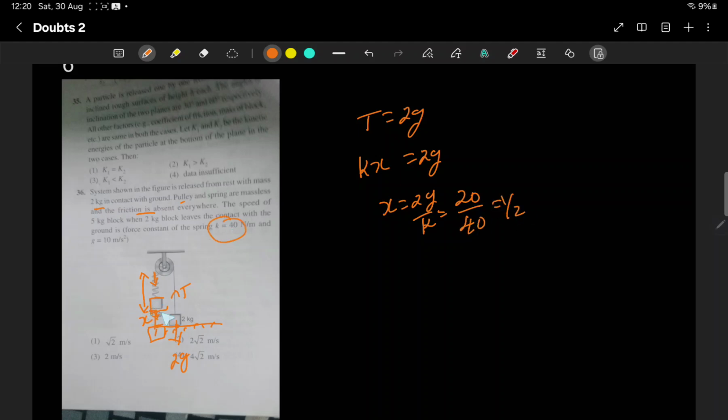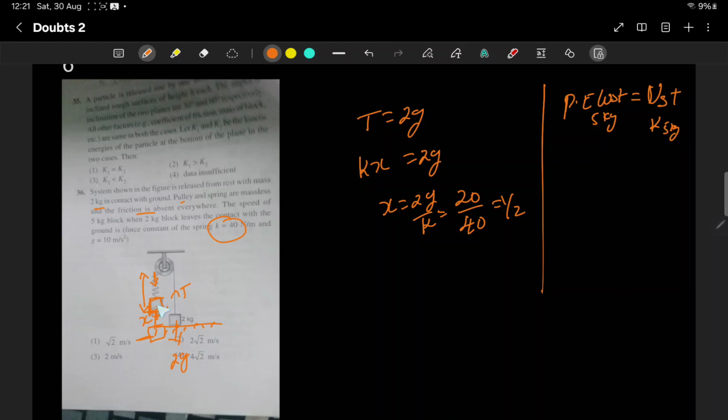Now what is the velocity when it is here? We have to apply energy conservation. When the 5 kilogram block goes down, the potential energy lost by it will be equal to what? When it goes down, spring potential energy increases. So it is the potential energy of the spring plus the kinetic energy of the 5 kilogram block.